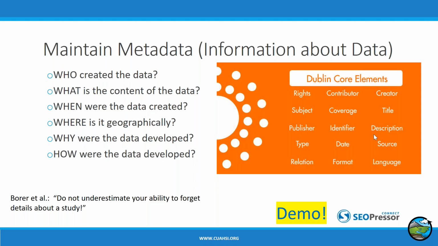It's just a standard, and there's obviously competing standards, but Dublin core, almost any funding agency is going to be happy with the fact that you use Dublin core to ascribe metadata to your data sets. And if you don't know, metadata is just information about data. So it's the 5 W's and the 1 H of the data that you've collected. And it's like this quote here: just don't underestimate your ability to forget details about a study.